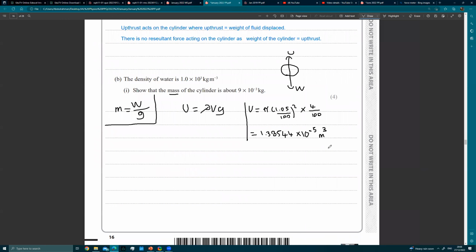Yeah. So then you can work out the upthrust by using the volume multiplied by the density multiplied by g. So 1 times 10 to the power of 3 multiplied by 1.38 times 10 to the power of -5 times 9.81. Now what does that give me?